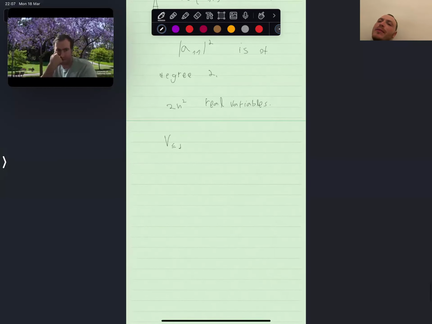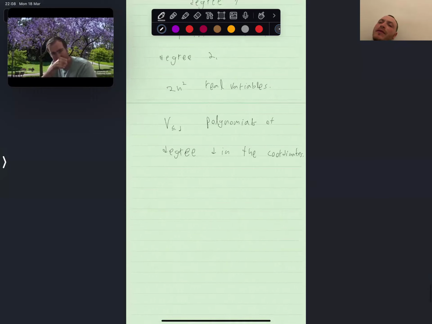Basically, you can do the same. You can take polynomials of degree D in the coordinates of the Boolean cube.